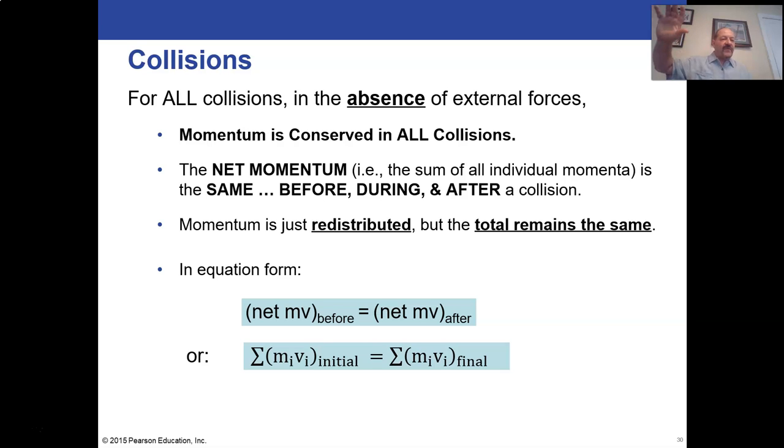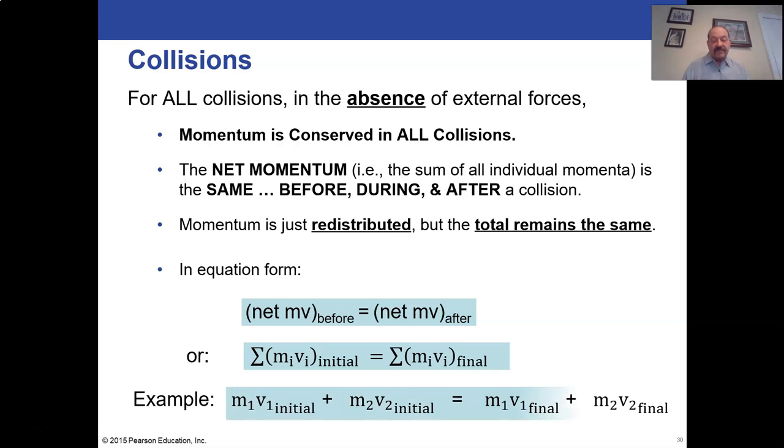You add them all up for all the beginning particles or objects before the collision. Then you look after the collision and say, okay, what's the m of this object and the v of this object? Multiply those together, and you add all those mv pairs up, and the two have to be equal to one another no matter what kind of collision it is.